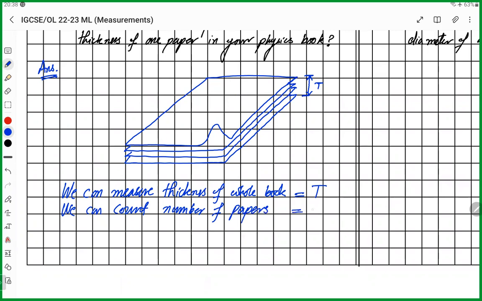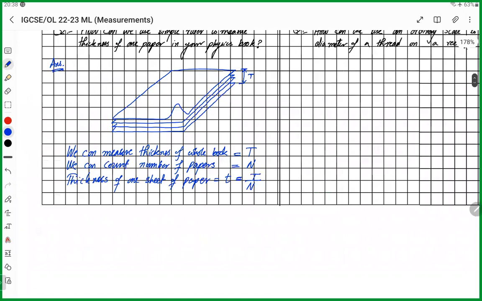Remember, we need papers, not pages. The thickness of one sheet of paper equals total thickness divided by number of papers. This will give you a very accurate value of the thickness of paper.